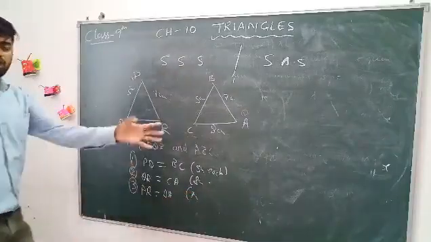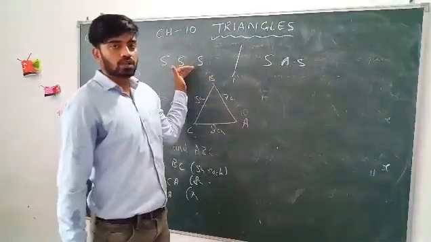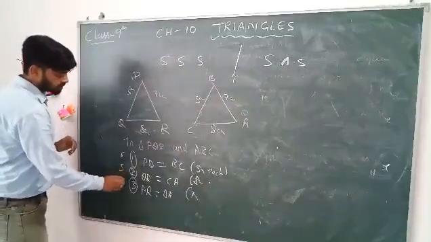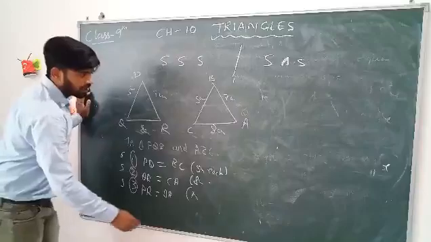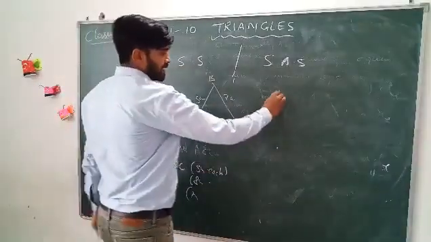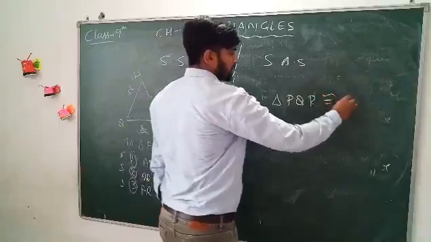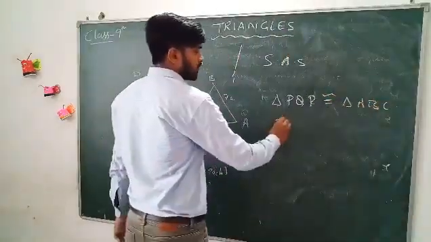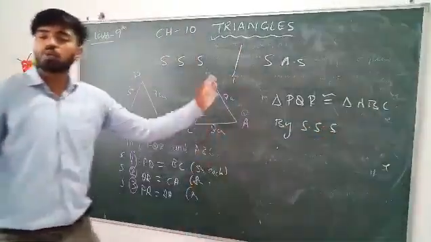After you have done your 3 proofs, and all 3 match the condition that this is also a side, this is also a side, this is also a side, you can write: triangle PQR is congruent to triangle ABC by which formula? SSS.